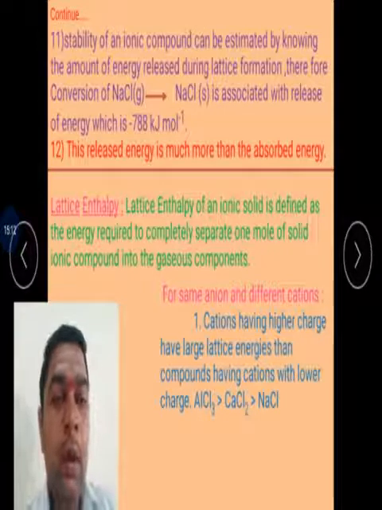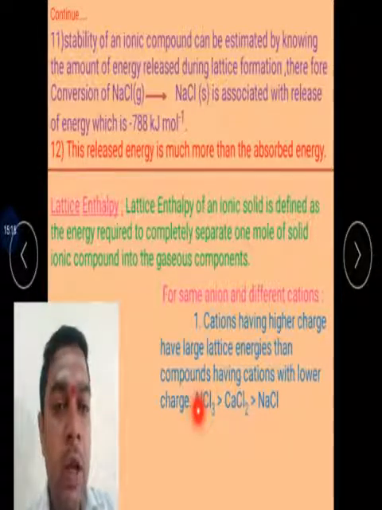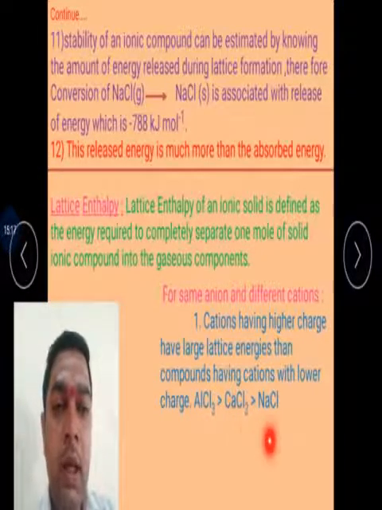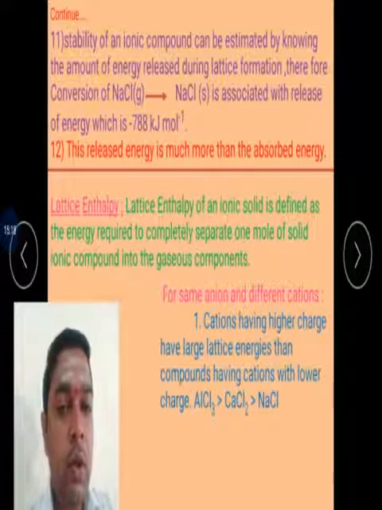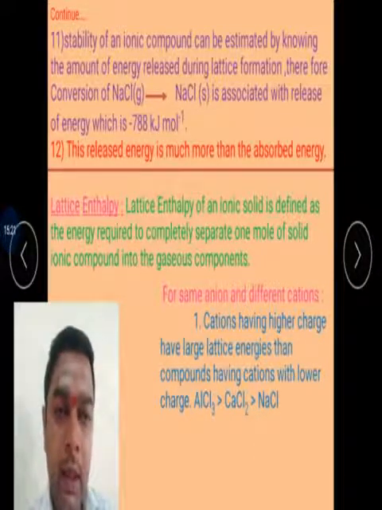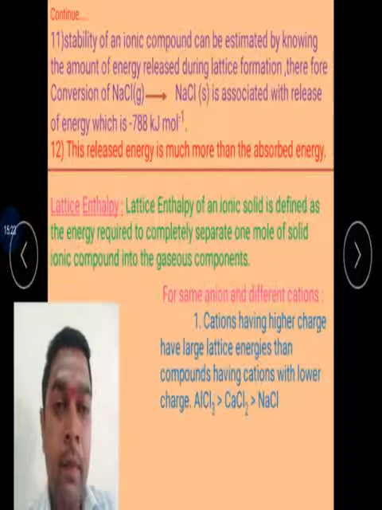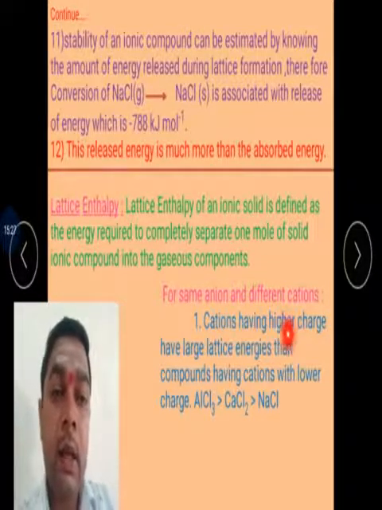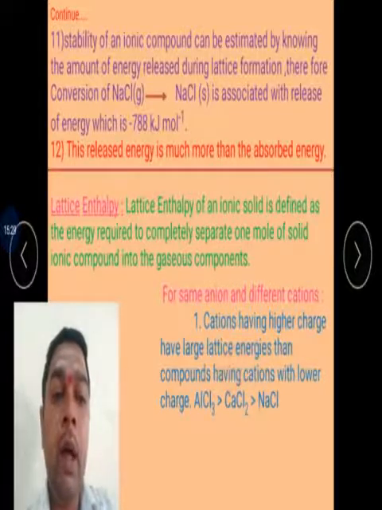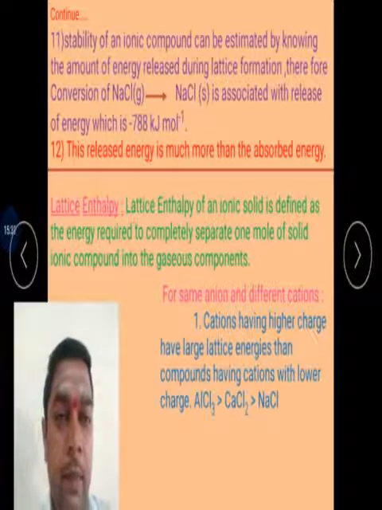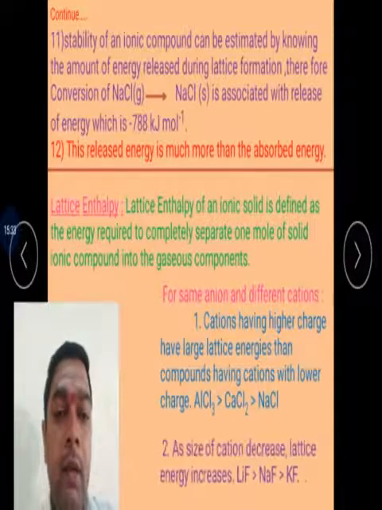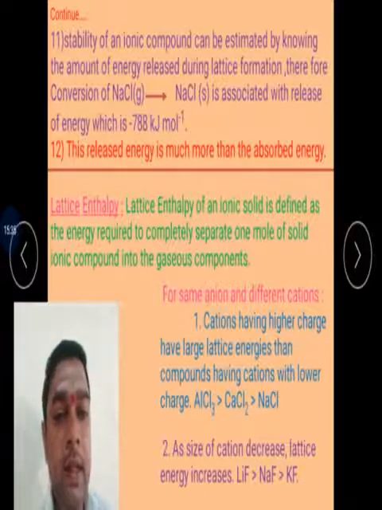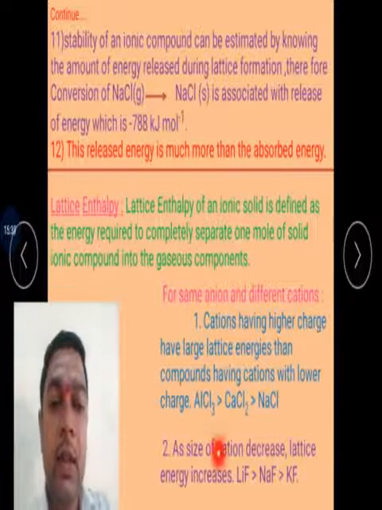Aluminum possesses a +3 charge, calcium +2 and sodium only +1. Since the anion is the same, cations having a higher charge have a higher lattice energy. Another point is that as the size of the cation decreases, lattice energy increases.